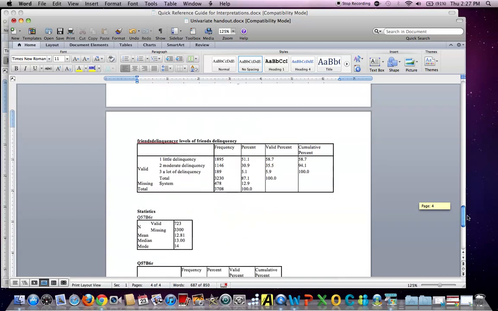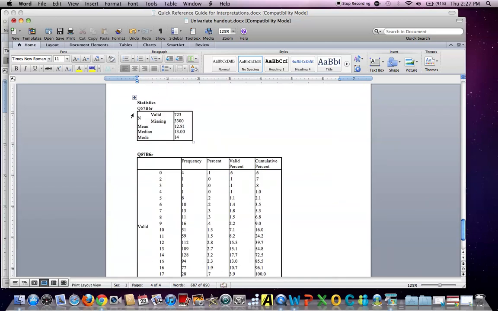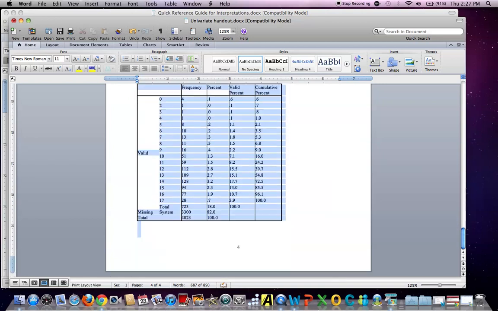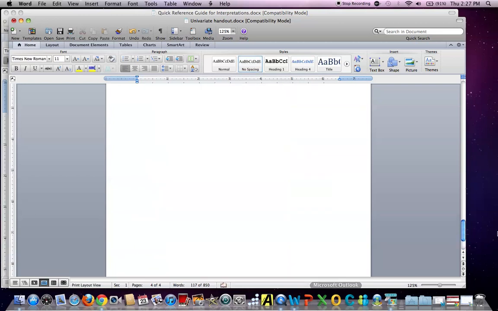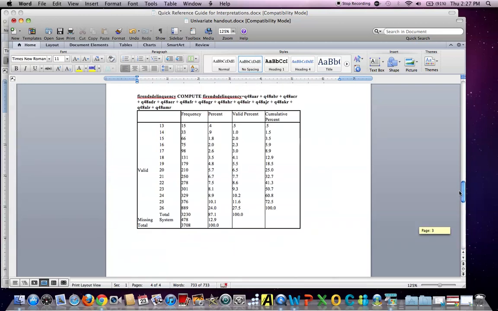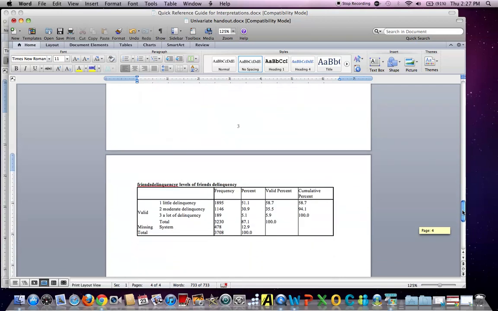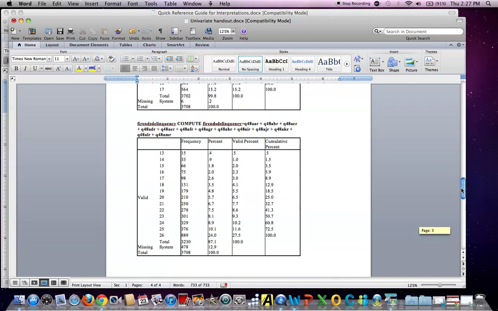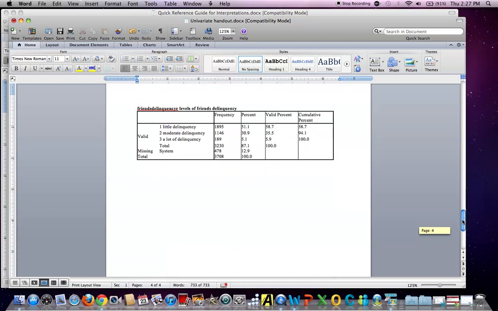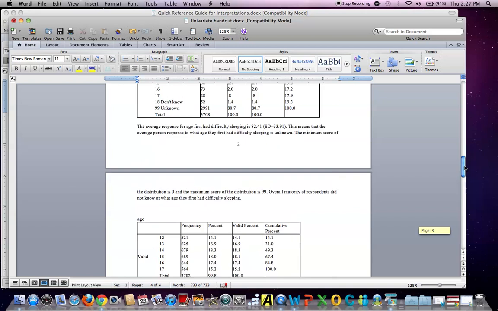And then we won't do this one because I have no idea what it is. Okay, so let's take that off. So what's left is age, friends delinquency, and then, well, you tell me what level of measurement it is for the middle friends delinquency.